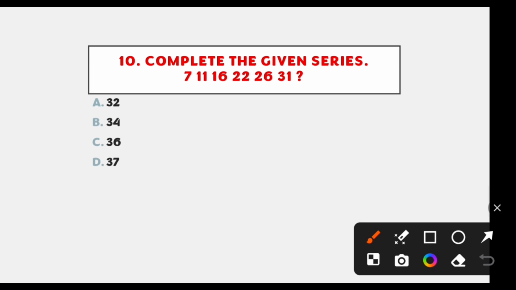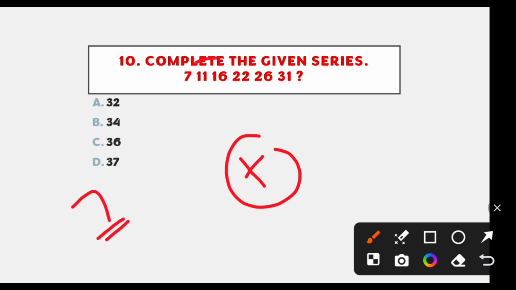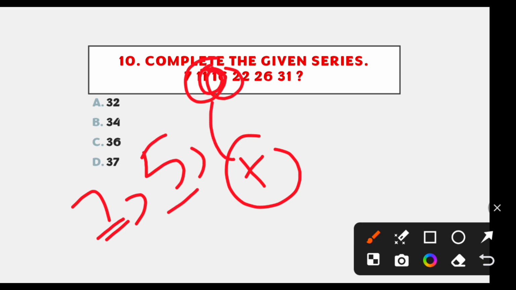MCQ number 10 is: complete the given series. So it is a question of a verbal intelligence test. It is incomplete and we have to complete it. Here we have to do addition. First of all, if we add 4 and 7, the answer will be 11. Next, if we add 5 and 11, the answer is 16. If we add 6 and 16, the answer is 22.